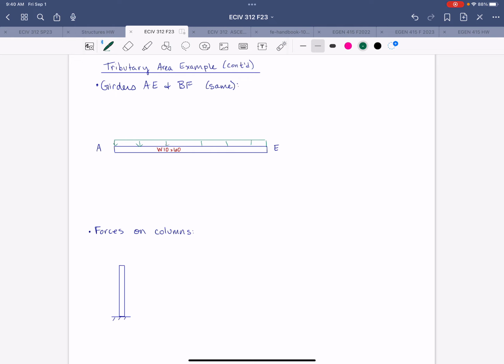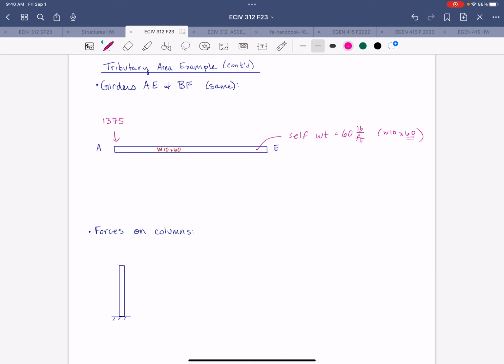But you do need to note that the self-weight is included. So we'll say self-weight. The girders were 10 by 60, so self-weight is 60 pounds per foot. Then the only loading that we need to draw on the diagram would be that superimposed loading.